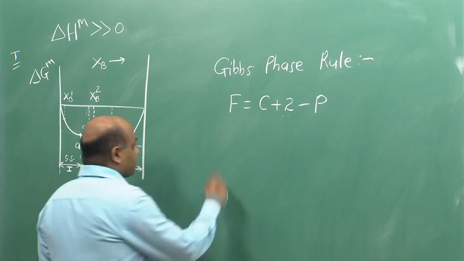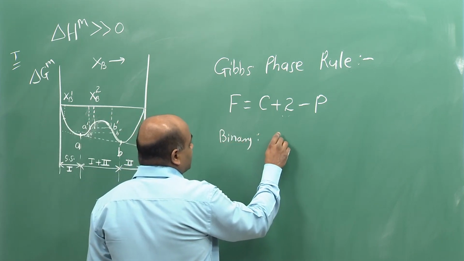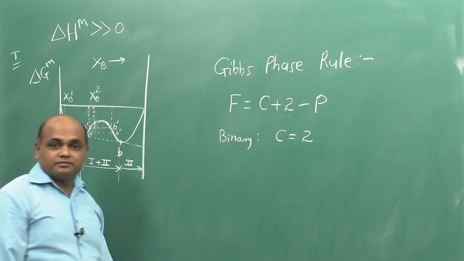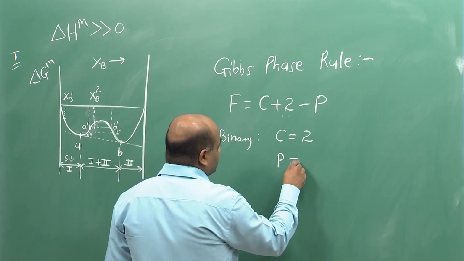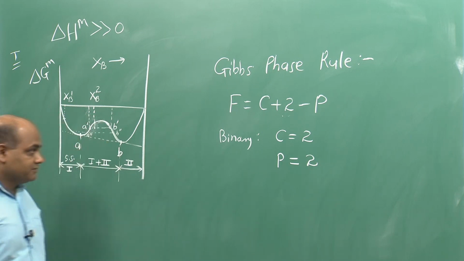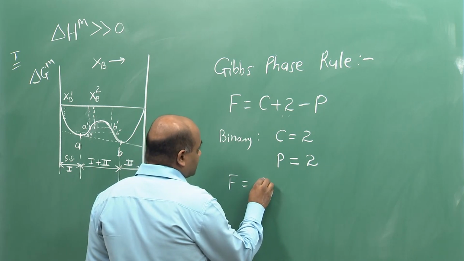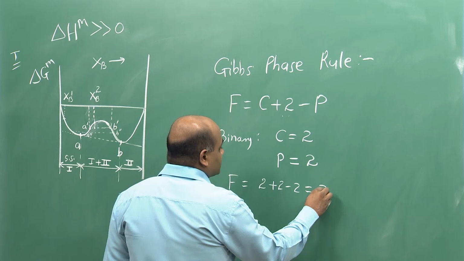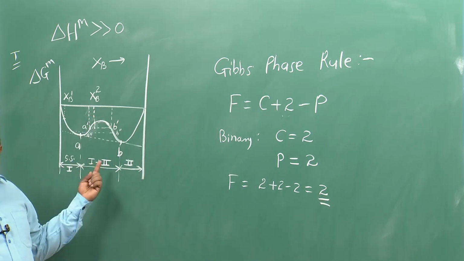So, if we consider a binary system, which we are considering here, C is equal to 2, and the number of phases here is 2 in the 2 phase equilibrium region. So, we basically have F is equal to 2 plus 2 minus 2. So, we have 2 degrees of freedom, but we have already consumed that.